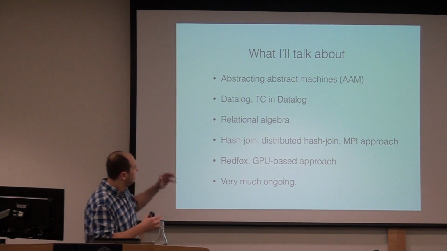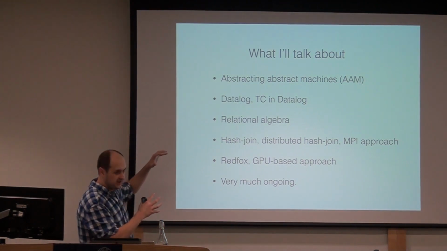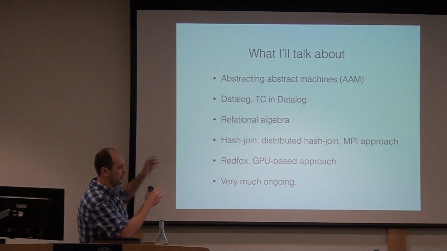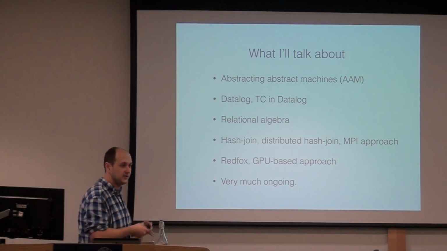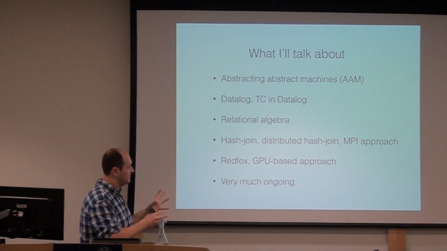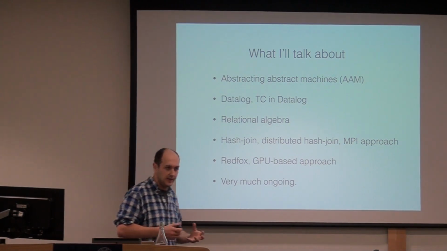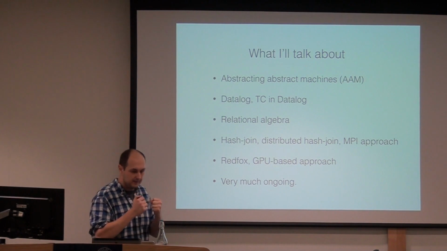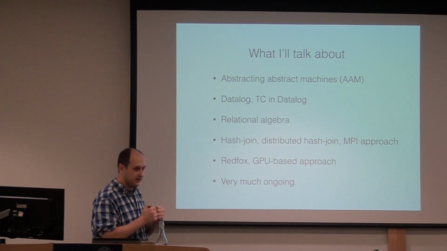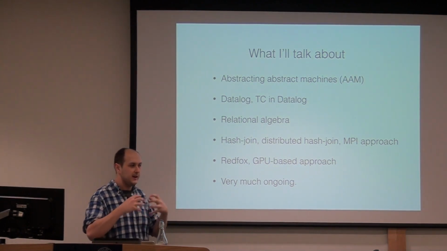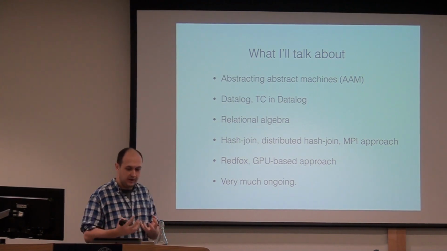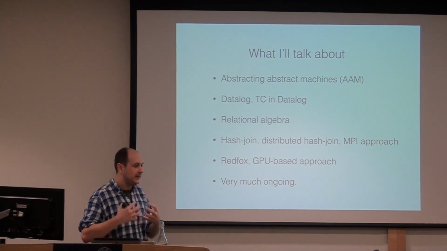So I'll be talking about a bit of an eclectic mix of topics. I'm going to focus on background to begin with, talk about abstracting abstract machines, and focus on the functional aspect of this. Then I'll talk about Datalog and transitive closure in Datalog. We can think of transitive closure as the heart of a CFA algorithm, because essentially a CFA algorithm is exploring the ramifications of constraints that are in our program.